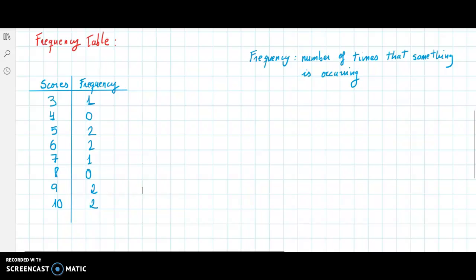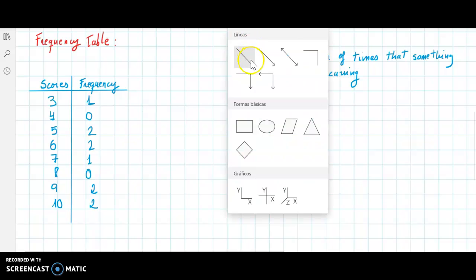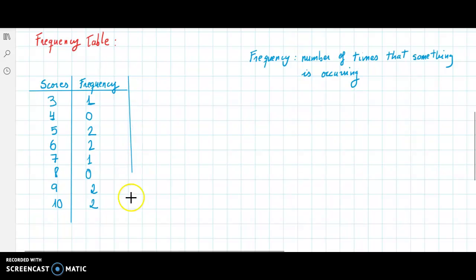So this is a way to organize the information, to summarize or represent it with a frequency table. We can see quickly the different scores organized by their frequency. After this column, we can make another column called relative frequency.